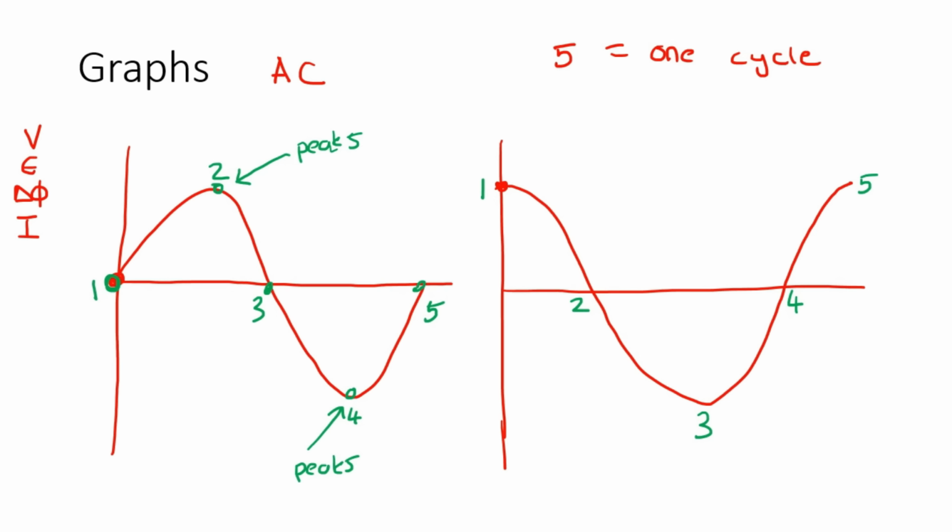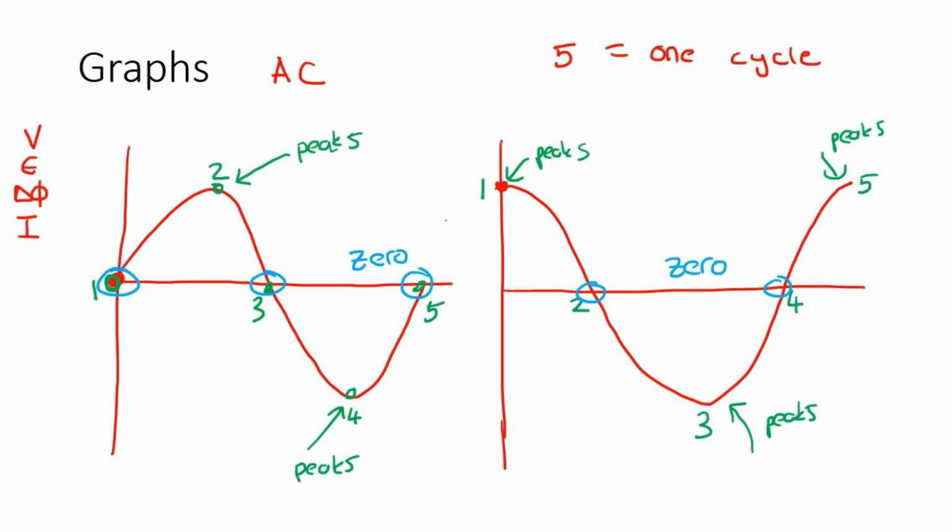And over here as well, peaks, peaks, peaks. And then these parts here, these are going to be called your zeros, or your zero positions. So there and there, those are your zero positions. And I'll explain in a few moments how to know which kind of graph we need to draw.